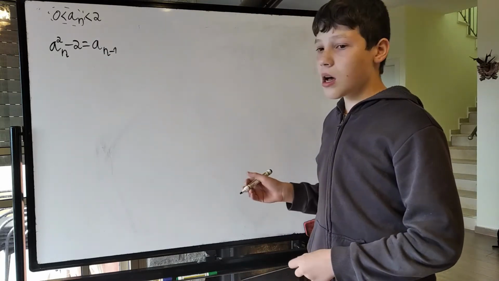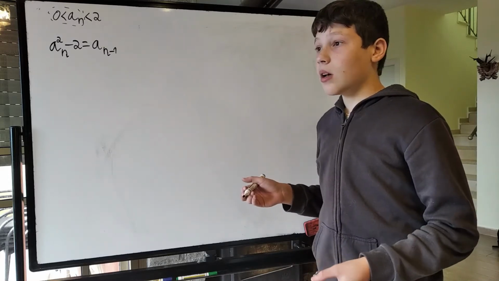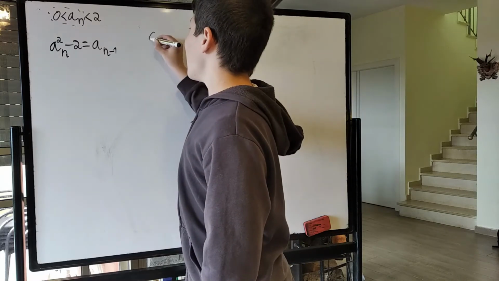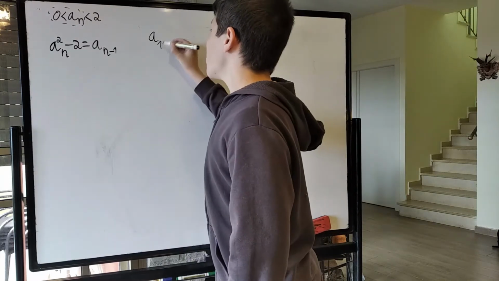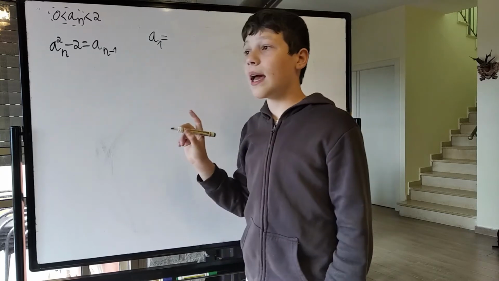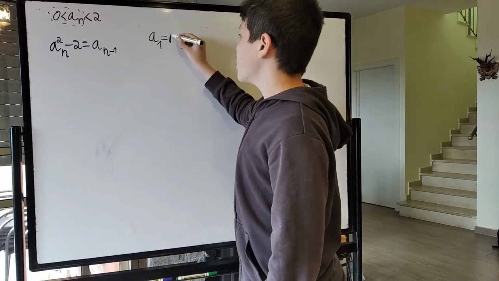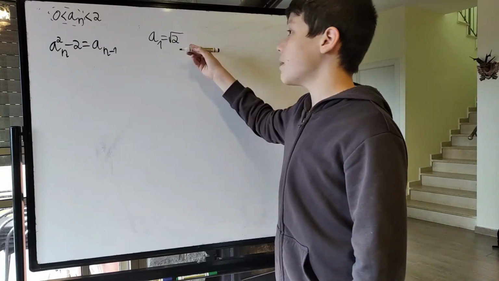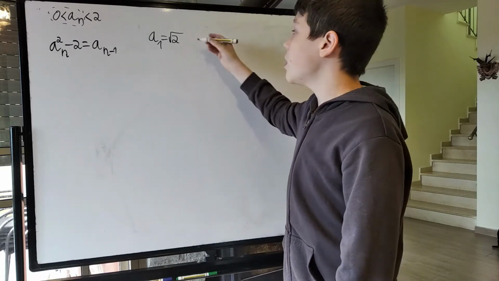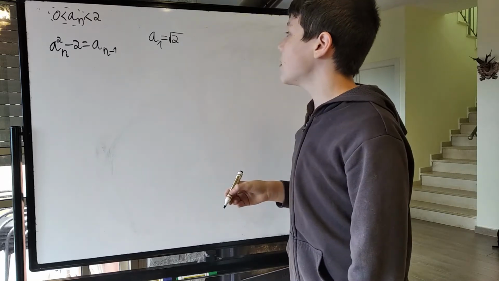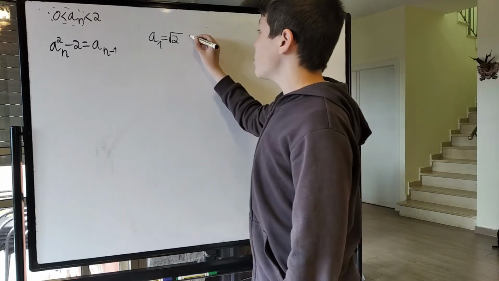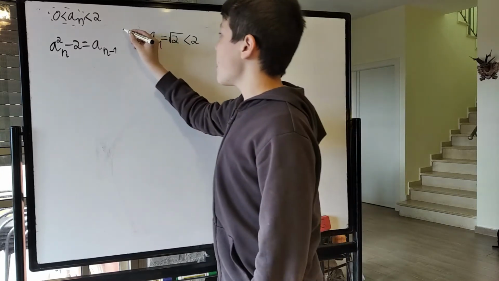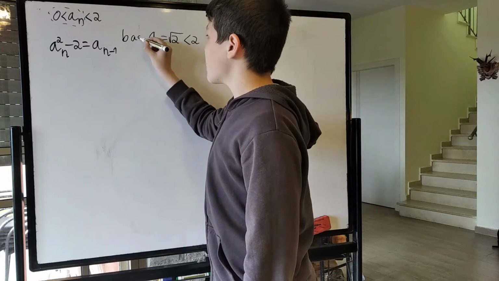That's really easy because we know the value of a_1. Remember, a_n is when we have n 2s, so a_1 is when we have a single 2. So it's going to start with the square root of 2, and then we already used up our 2, and we cannot add another square root inside. So a_1 is the square root of 2, which is clearly smaller than 2. So that is the base case.